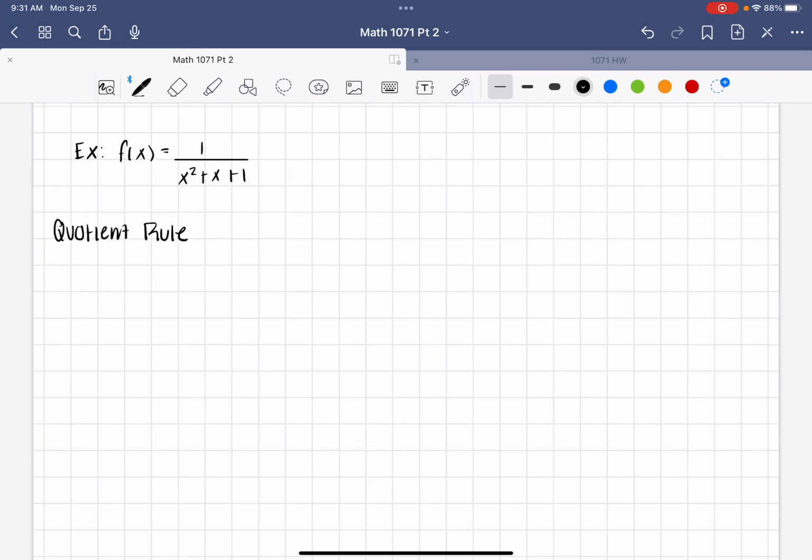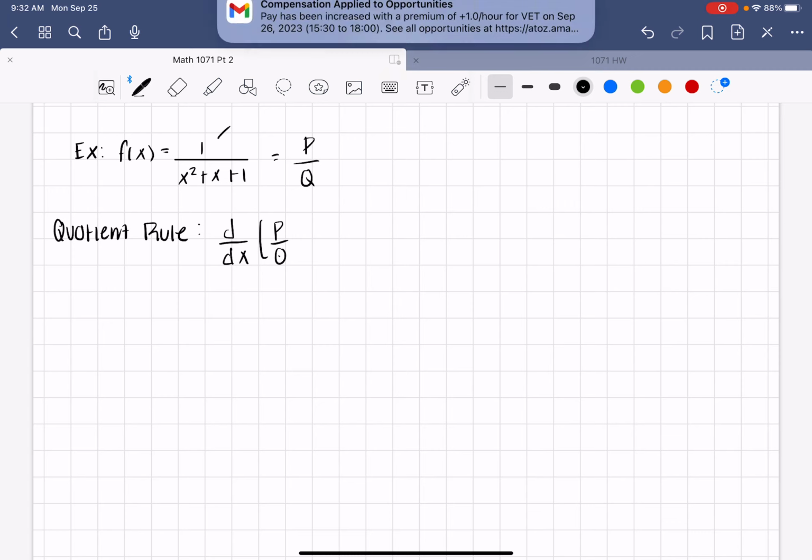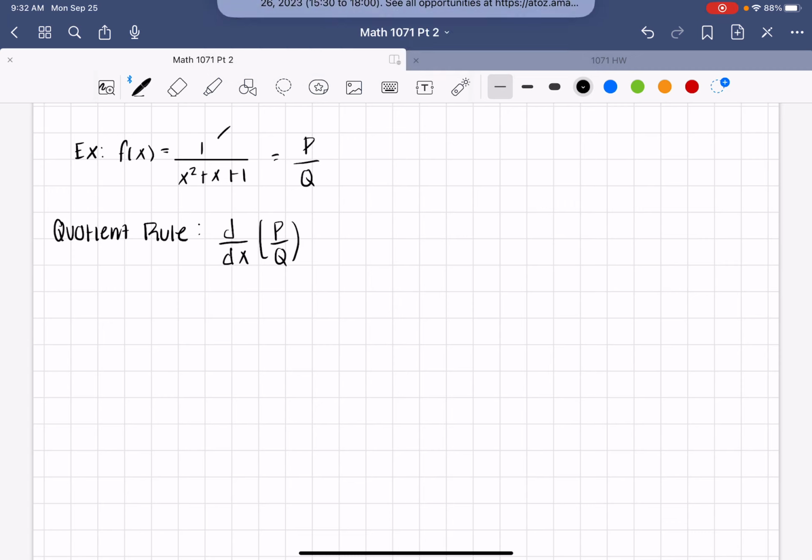The numerator alone is a constant. So when I go to take the derivative of the numerator, it's 0. So if you think of this as p over q, the derivative of p over q is denominator times derivative of numerator minus numerator times derivative of denominator over denominator squared.